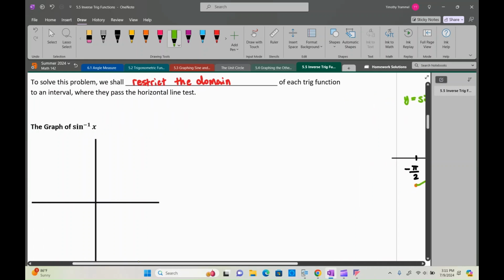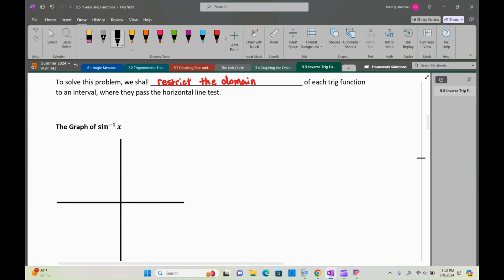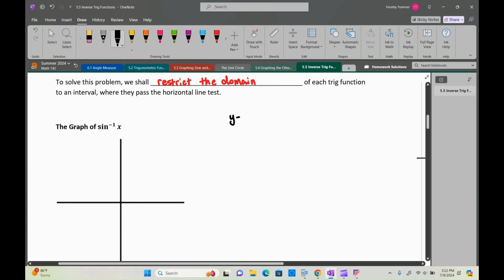And I'll scoot us back over, and we're going to make ourselves two little tables here. Okay. So when we're talking about, say, sine of x, what I've just mentioned is that we're going to restrict its domain. We're going to only look at minus pi over 2 to pi over 2. Okay.